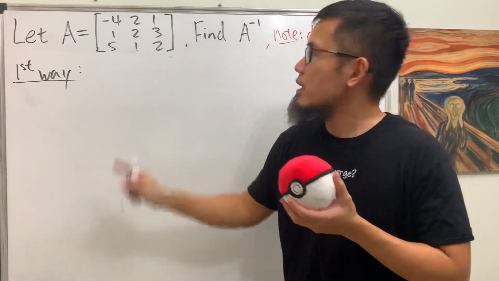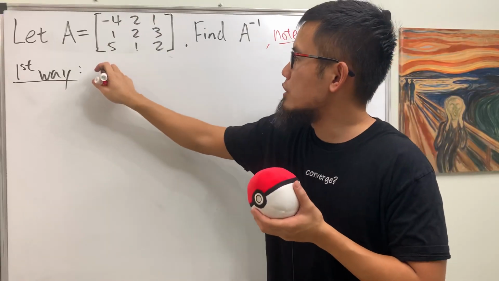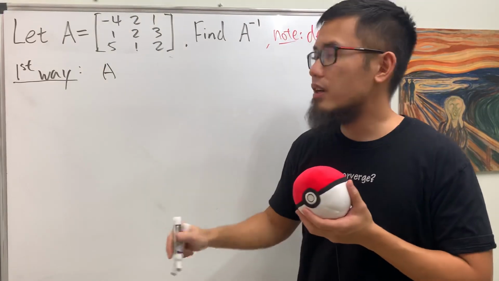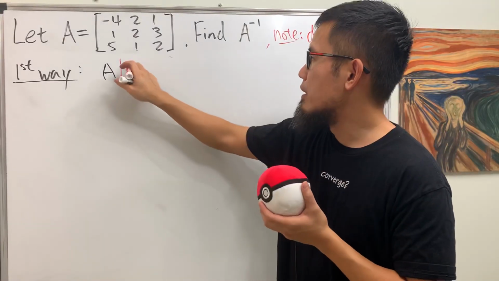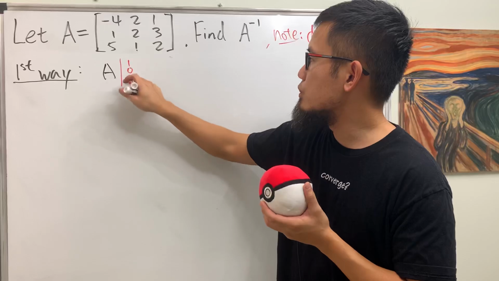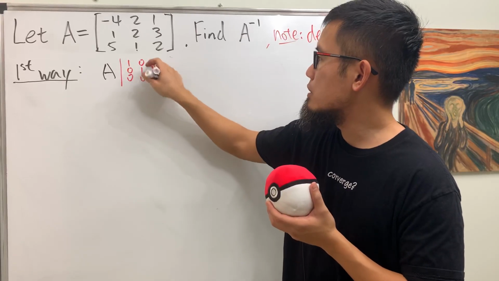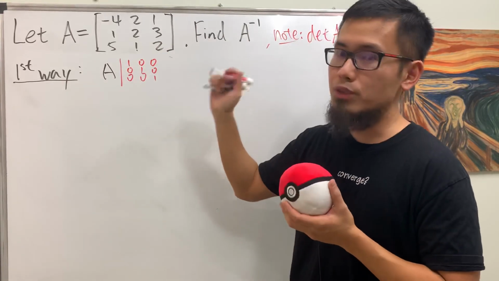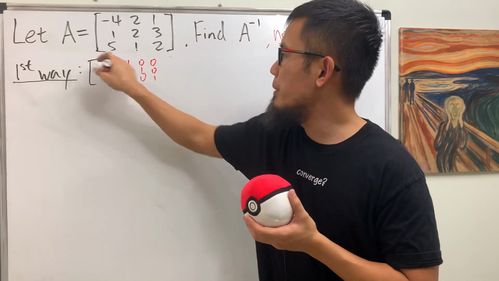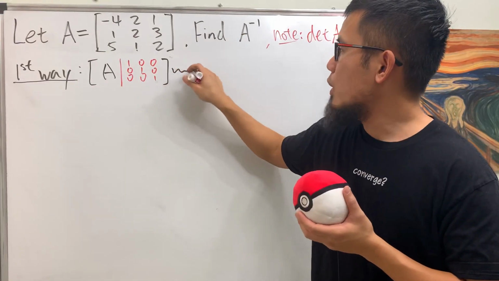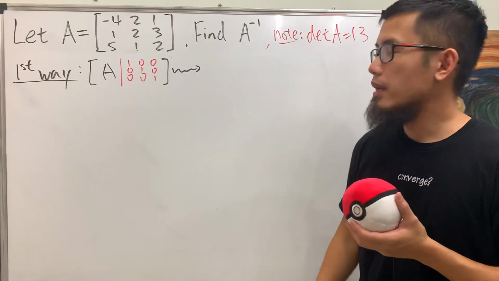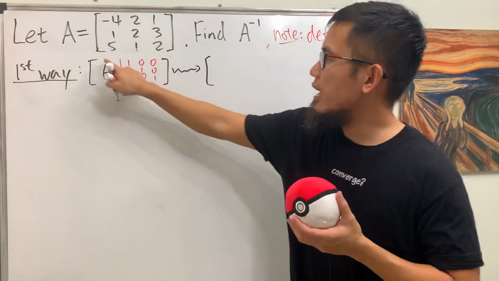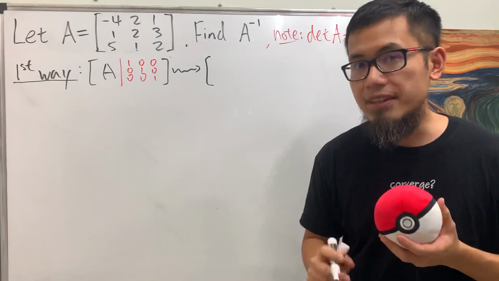Alright, what we do is, here we have a 3 by 3 matrix. I'll just put that down, and together I will have the identity with it as well. So I will put down the 1, 0, 0, 0, 1, 0, 0, 0, 1. Also 3 by 3, and will pretty much form a bigger matrix. And what we wish to happen is, go ahead and just do the row reductions, and hopefully we can get this part right here to be the identity instead.